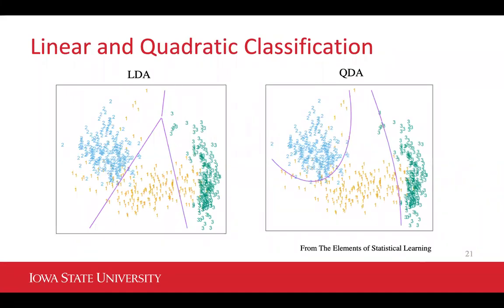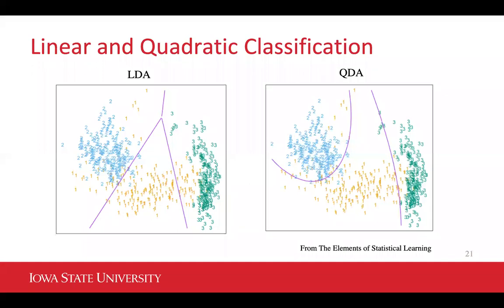Okay, so let me first introduce linear and quadratic classification. Linear discriminant analysis, LDA, is illustrated on the left side of the picture. Suppose that we have data looking like what we're seeing on the left side, but labeled by class. It has 3 classes labeled 1, 2, and 3.